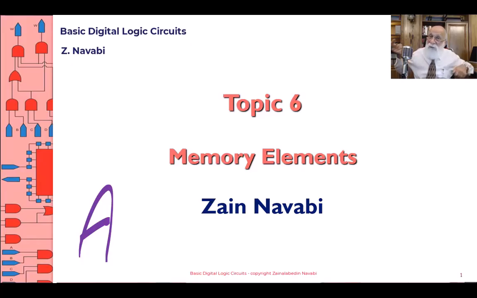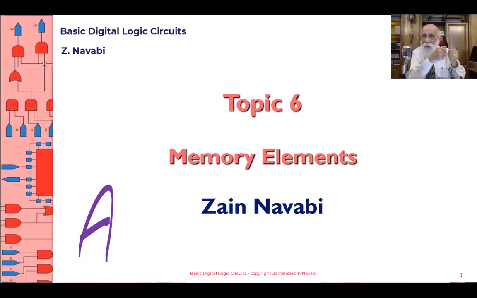The circuits we will be designing have the capability of making decisions. You cannot make a decision if you don't have a memory. Memory means that something of the past is remembered.